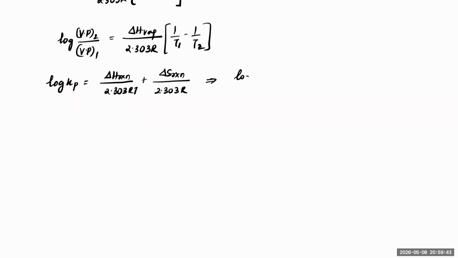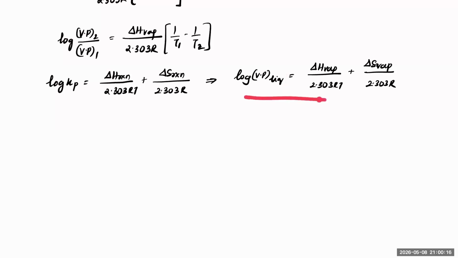The same thing applies when you write it for liquid solutions. We can write log of vapor pressure of the liquid is equal to delta H of vaporization by 2.303 RT plus delta S of vaporization by 2.303 R. So this is another equation which we can represent. Basically this is the same equation.